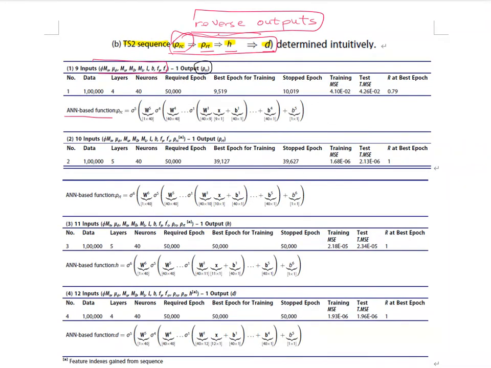When you train rho C, we are using 9 inputs, and the rest of the other ones cannot be used as input parameters because they are placed with rho T in the output layer. Therefore, we have a 9 by 1 matrix size for input parameters.